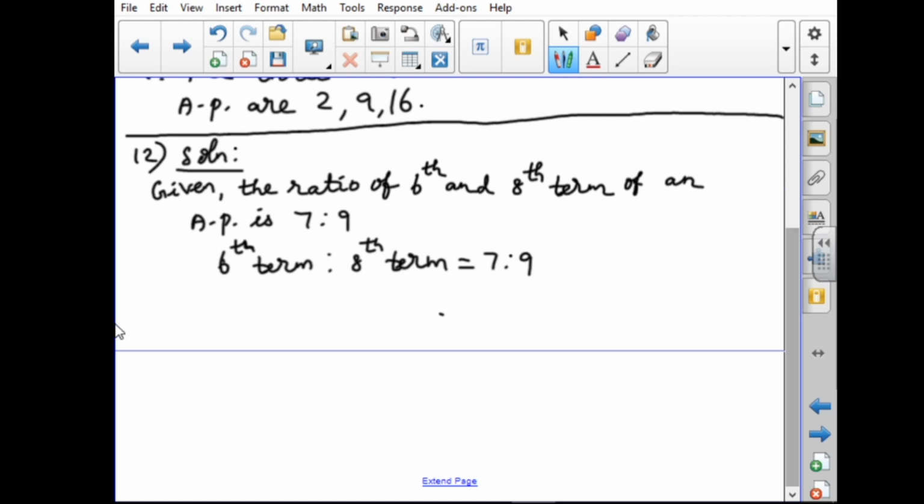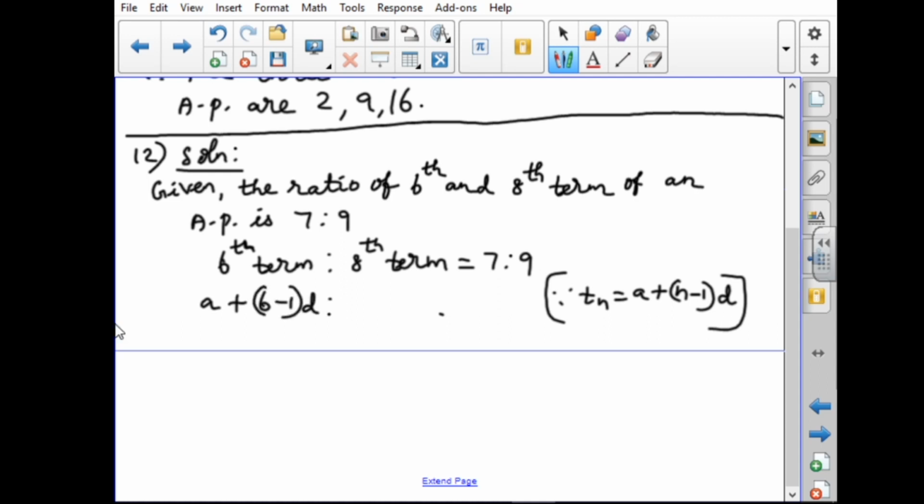We know the formula Tn equal to a plus (n minus 1) into d. For the first one, the 6th term, instead of n you substitute 6. So we get a plus (6 minus 1) into d is to, for the second term n is 8, a plus (8 minus 1) into d, equal to 7:9.